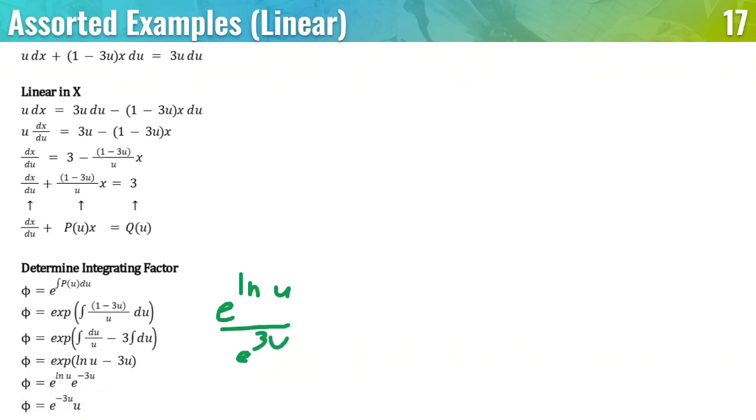I prefer this one since it keeps things neat and it keeps things linear. After simplifying, you can cancel the e and ln and be left with just u, and then you're left with e raised to negative 3u. So this is our integrating factor.